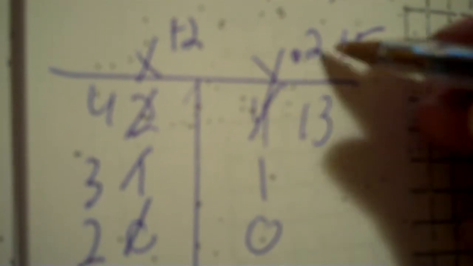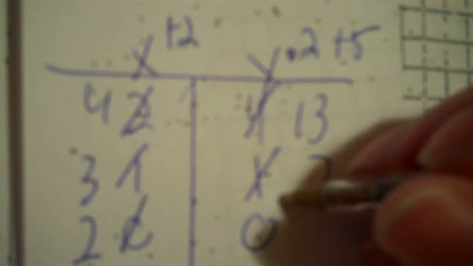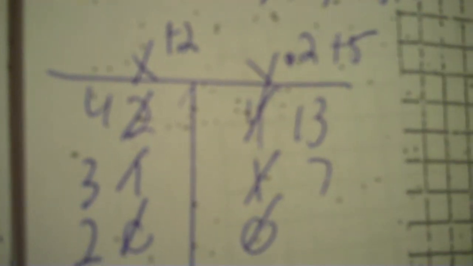Now the h adjusts the x by the opposite operation, so it's plus 2. So 4, 3, 2, 1, 0. 4 times 2 is 8, plus 5 is 13. 1 times 2 is 2, but plus 5 is 7. 0 times 2 is 0, but when I add 5, it's 5. 1 times 2 is 2, plus 5 is 7. 4 times 2 is 8, plus 5 is 13.